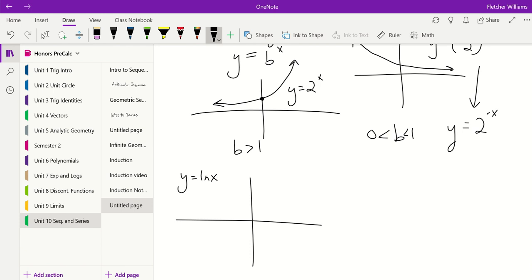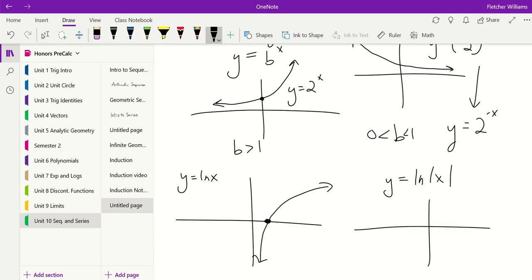Intercept is where? 0, 1? Not 0, 1, it's 1, 0. And it looks like this, because it's the inverse of the exponential. And then we also looked at this special case, ln of absolute value of x, where you could do something like this. Like that.